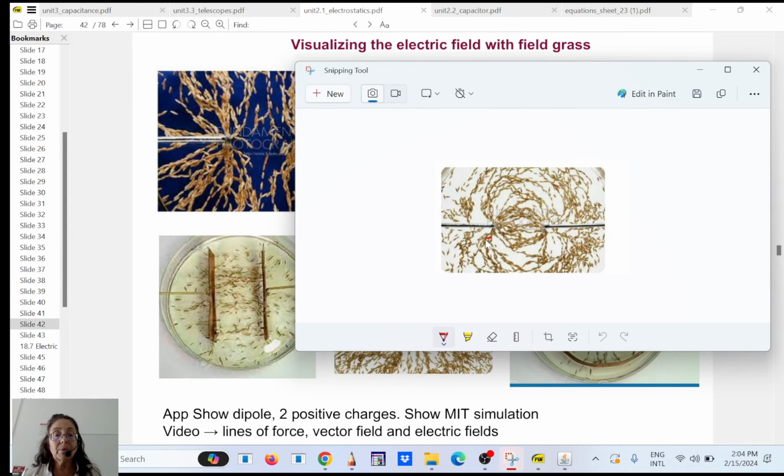Is it going to move? No, because it's neutral. It will move if you just have a plus by itself, then it will accelerate with the electric field. If you have a negative by itself, it will go against the electric field and accelerate. But in this case you have a dipole, connected together, so it will twist and align with the electric field.